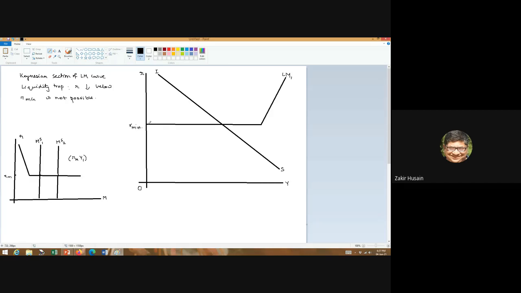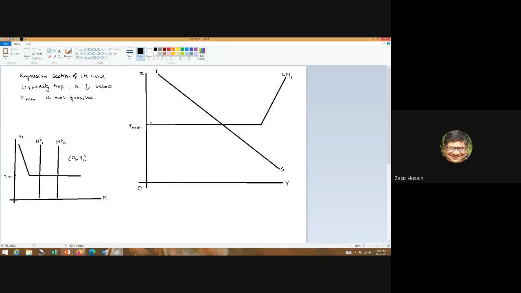If you draw a different liquidity preference curve, it will again be like this. Here the slope will be different, but it's going to go on like this. But as you can see, what we are interested in right now is money supply. If money supply goes up, the rate of interest, which was falling previously, will not fall. So the LM curve will be shaped like this.